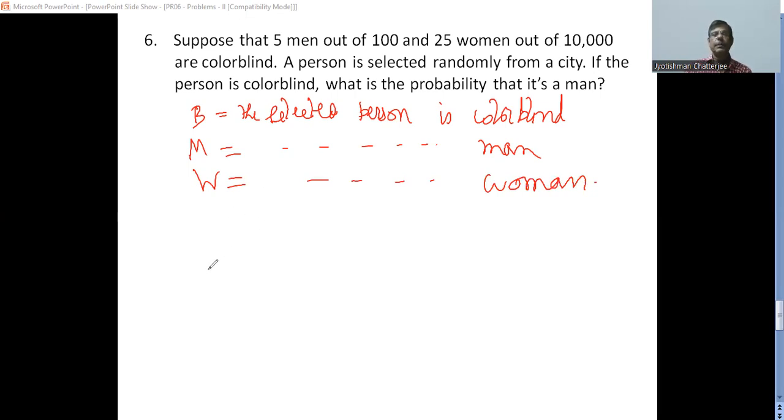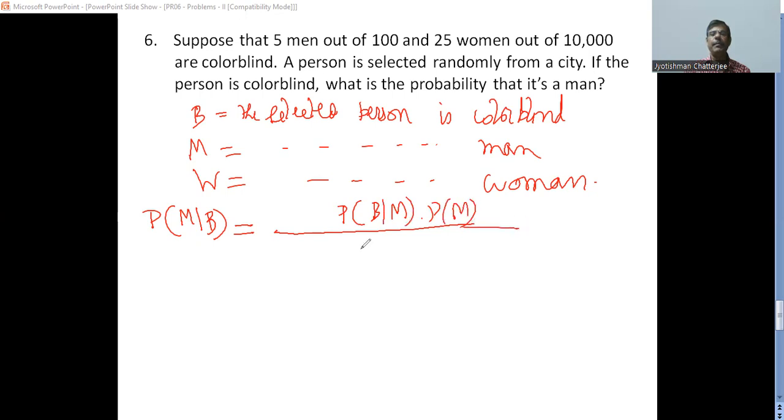Okay. And we are supposed to compute the probability of M given B. We will apply Bayes formula here. That helps us revert the conditioning; that's the basic gist of Bayes formula. And that way it becomes probability of B given M multiplied by probability of M, divided by probability of B.